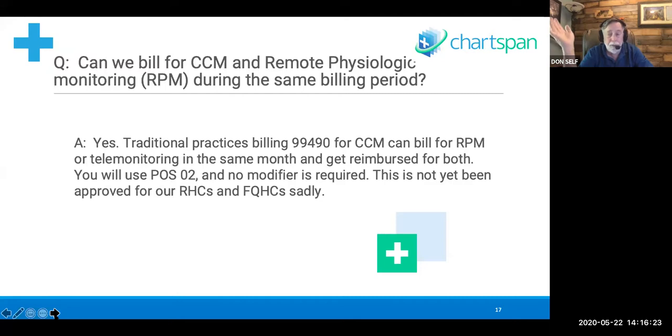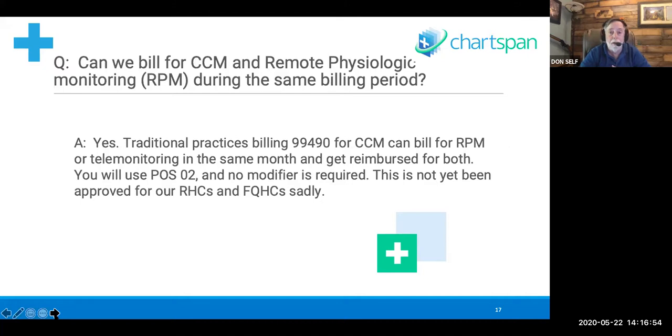With Medicare spending $30,000 to $60,000 on a typical hospital stay, or $3,000 to $5,000 on a typical ER visit, overall for all the services they pay for, it makes sense for Medicare to pay the $100 and something a month for remote physiologic monitoring, or the $40 to $50 or $70 a month, depending on if it's a rural health clinic, et cetera, for the chronic care management. So yes, they can be paid in the same month on the same patients.